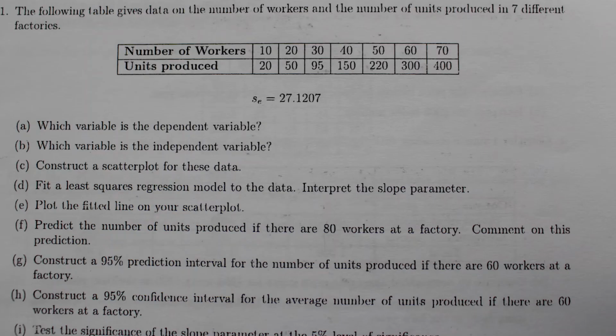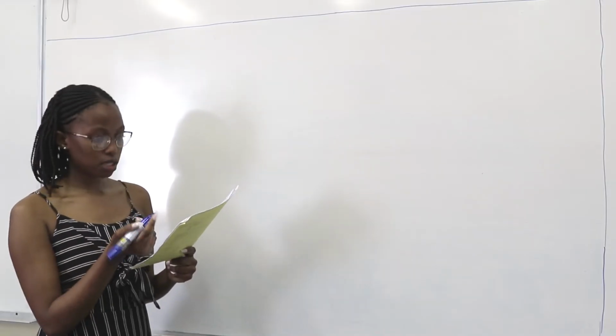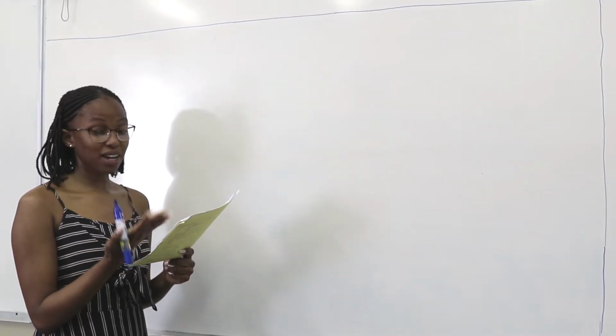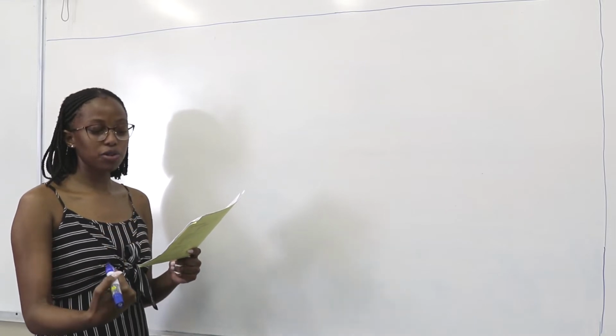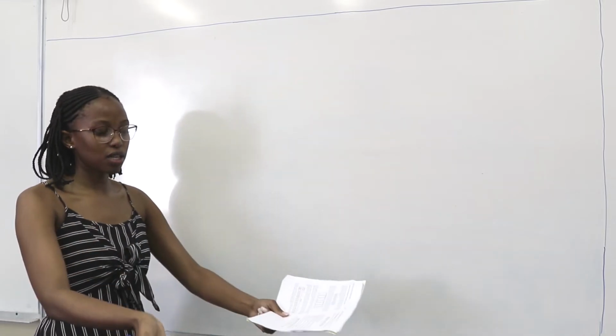The following table gives data on the number of workers and the number of units produced in 7 different factories. So you have the number of workers, and then they give you the values, and then you have the units produced, and then they give you the values. So you need to identify which one is the dependent and which one's the independent variable. In this case, I don't think practically you can say that the units that are produced determine the number of workers that they are.